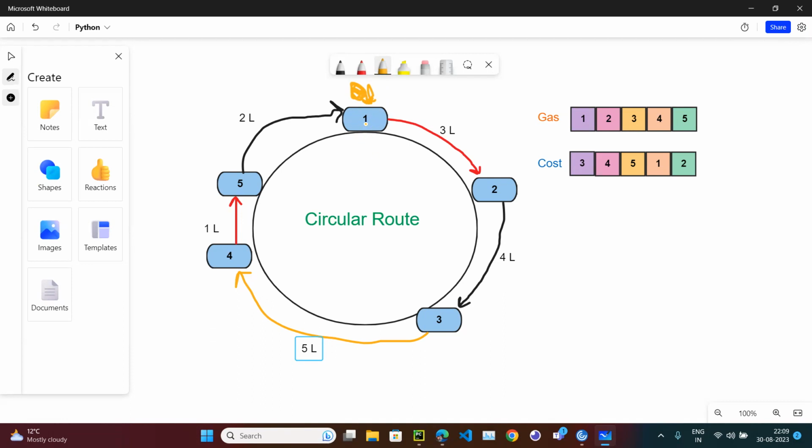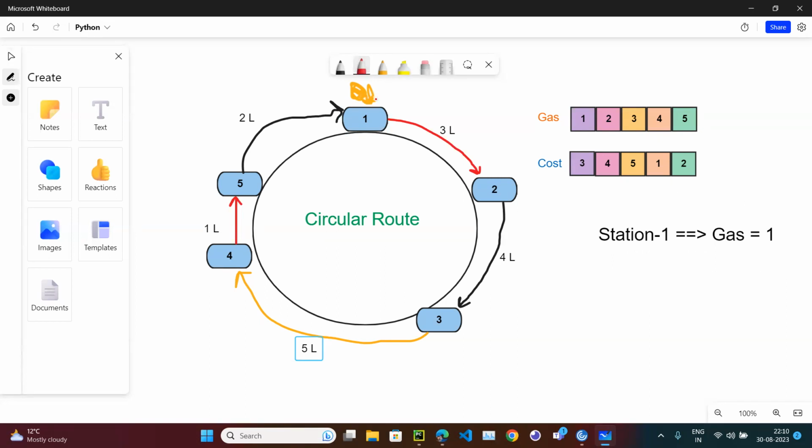How much maximum gas can we fill in our car? That is one. So we filled our gas. That is very good. So let's start moving.